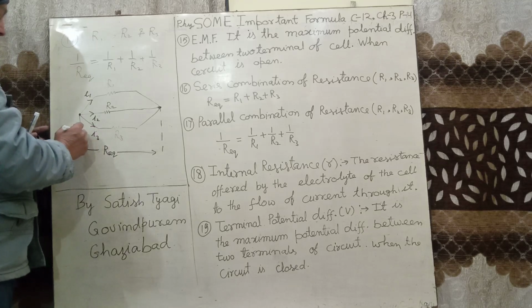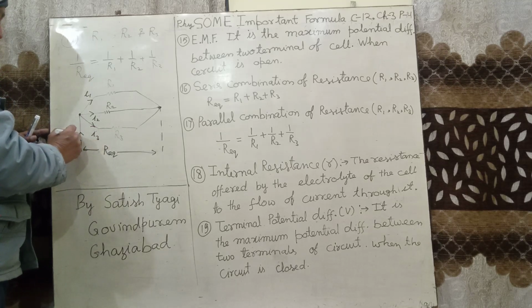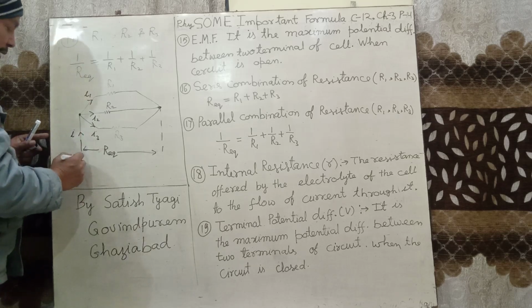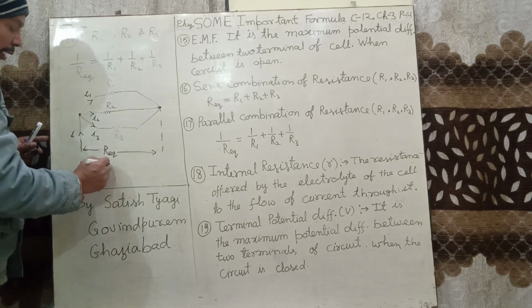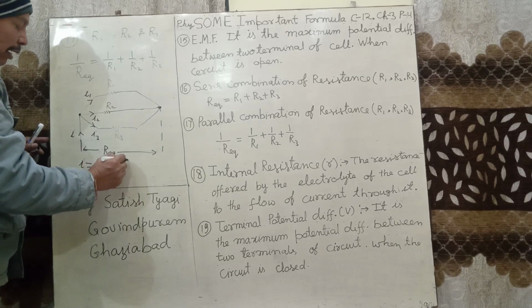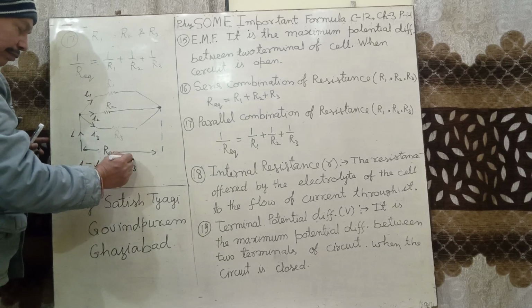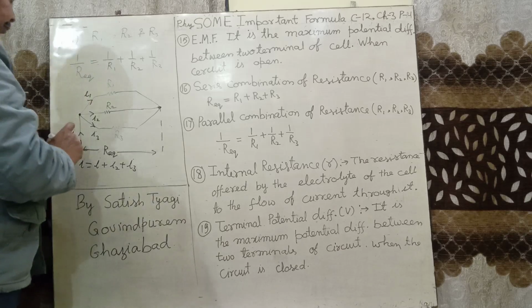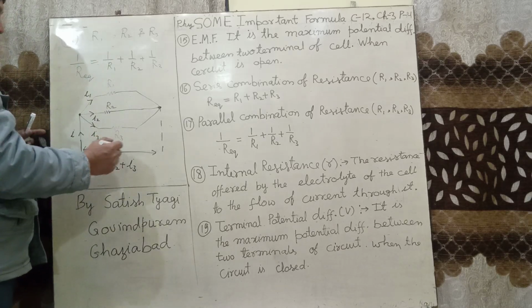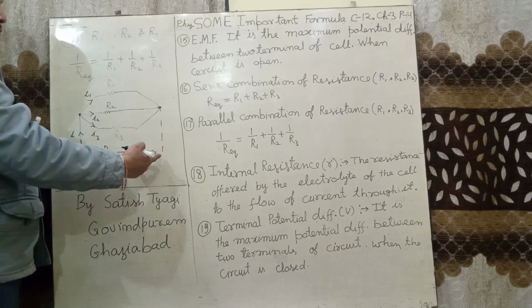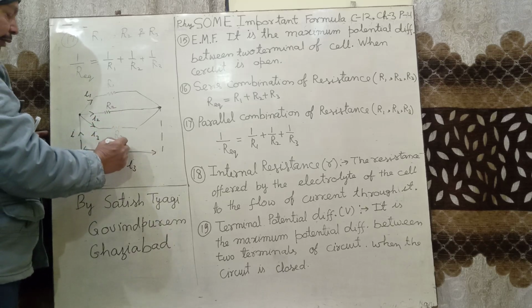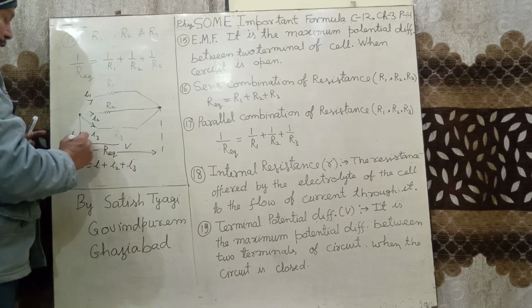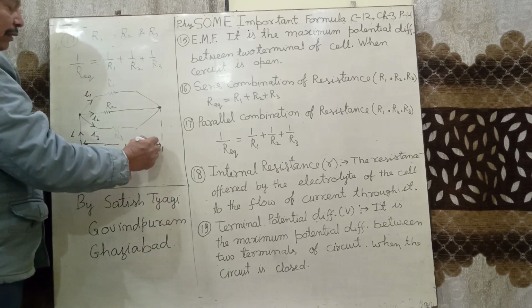Then the total current I equals I1 plus I2 plus I3, and the potential is the same across all resistances, that is V.